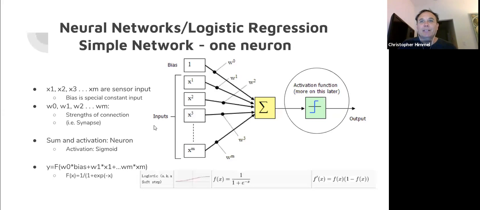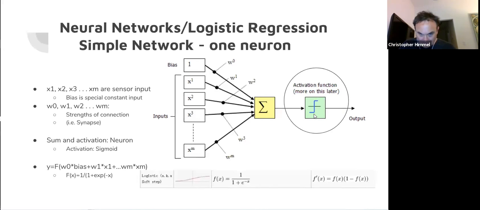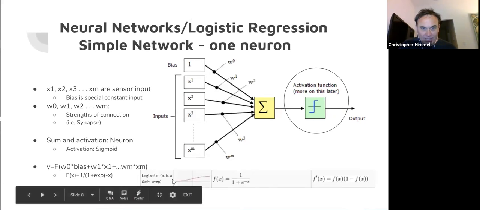Last week we did linear regression and we showed that it was also very similar to a neural network with a very simple linear activation. That was just a straight line. This time we're giving it a soft step or sigmoid activation.